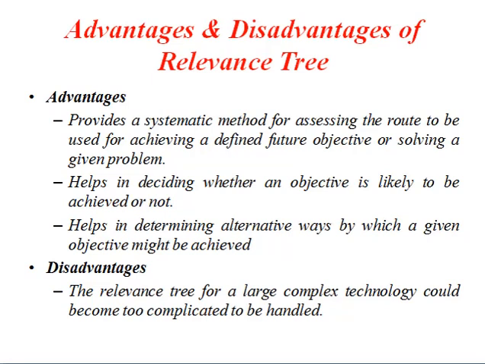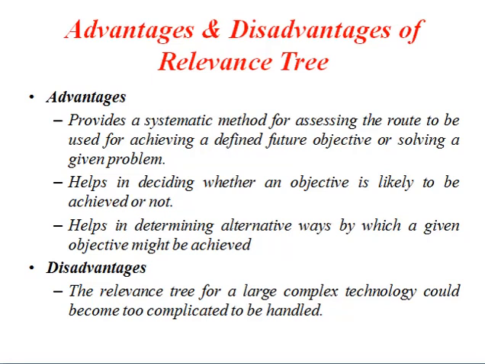Not only this, the relevance tree also has certain disadvantages. For a large complex technology, it could become too complicated to be handled. That is very important, because we need to consider aspects with a variety of considerations.